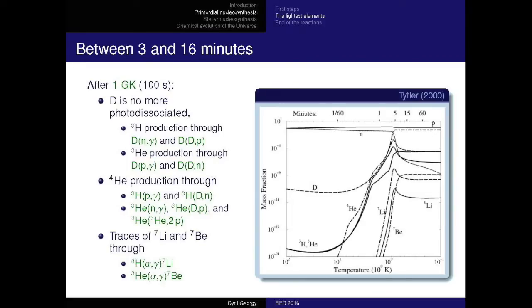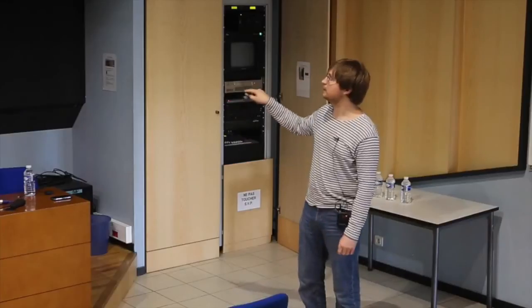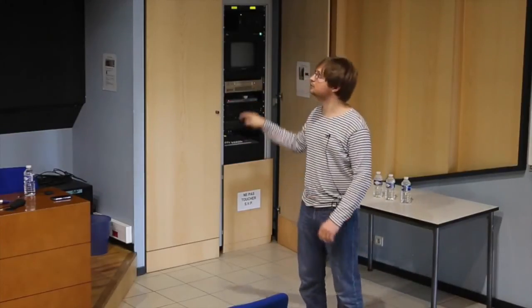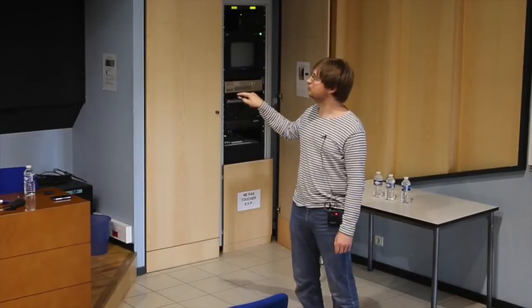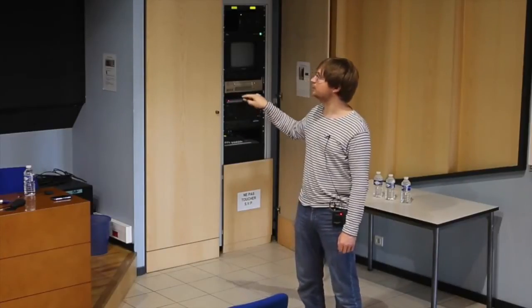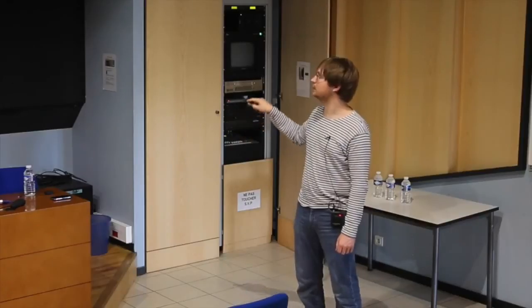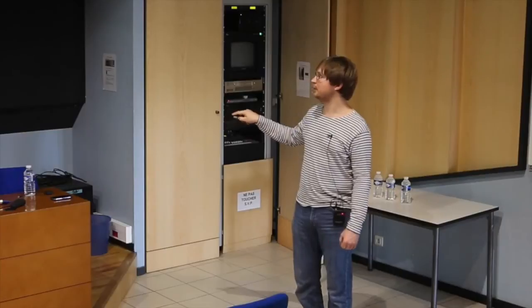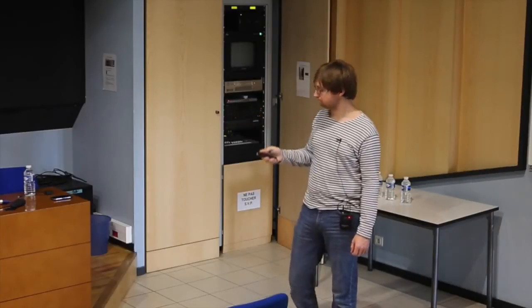So at the end, after the primordial nucleosynthesis, you have the composition of the universe after this event. So mostly protons, neutrons, and traces of other things, mostly helium-3, hydrogen-3, and a bit of lithium, beryllium, or lithium-6.